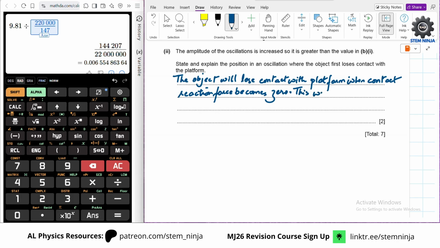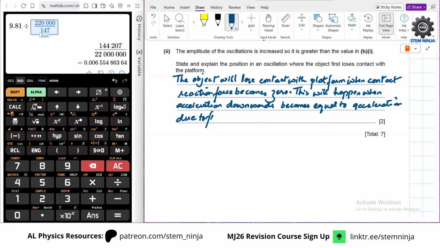This will happen when acceleration downwards becomes equal to acceleration due to free fall, and will occur and will lose contact at the highest point of its oscillation.